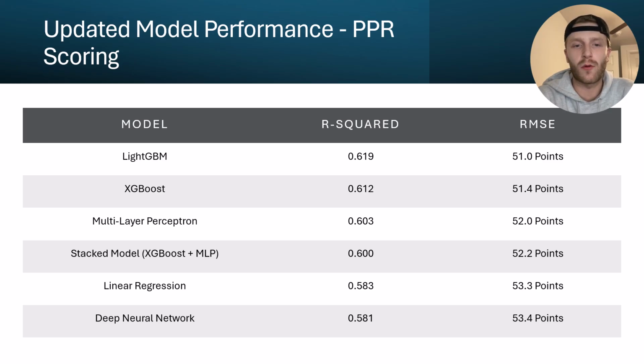An interesting takeaway from this is that our best performing model from standard scoring, which was our stacked model, is our third worst model for PPR scoring. Similarly, the multilayer perceptron was one of our worst models for standard scoring, but it's our third best for PPR scoring. Our predictions for these models are between 51 and 54 fantasy points off on average.